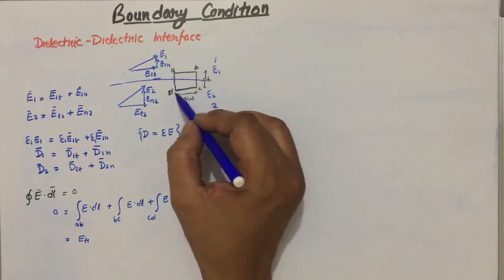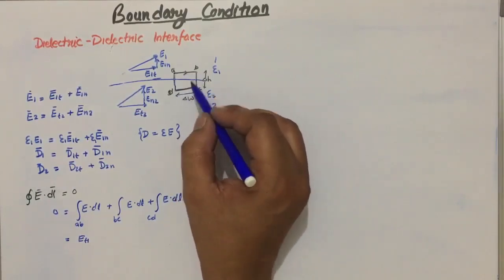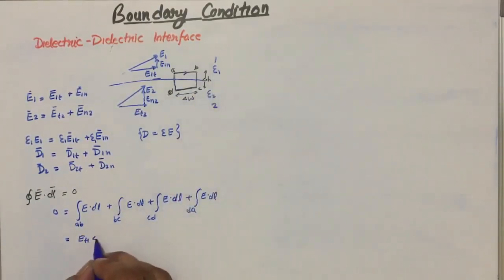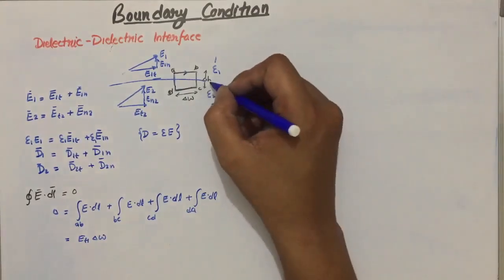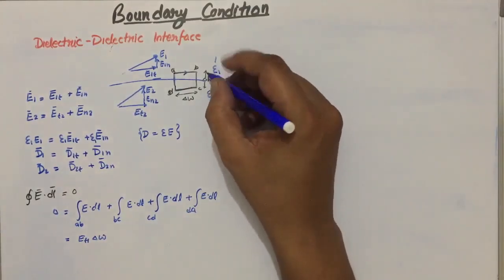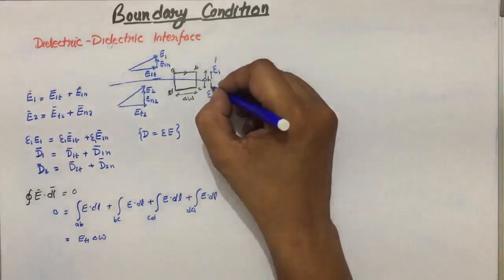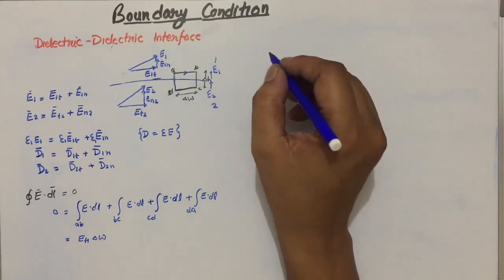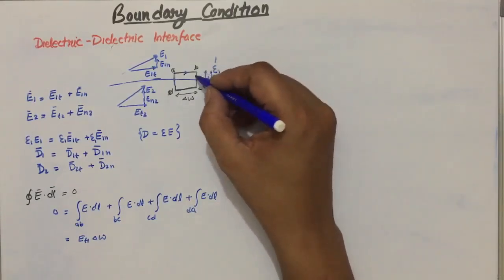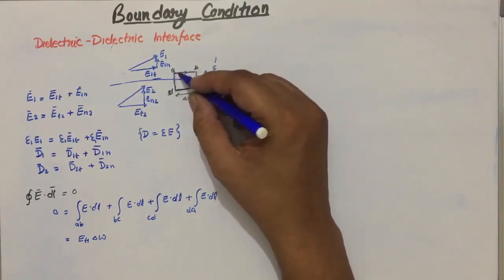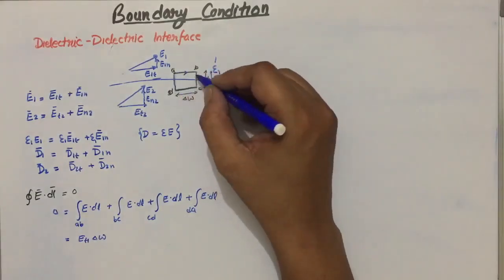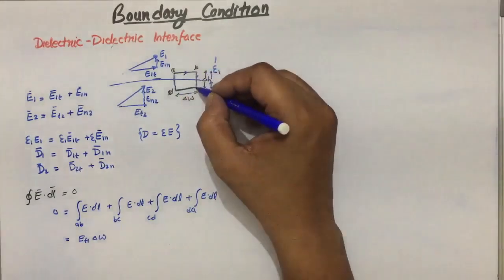That is how much? That is del W. Okay, now next is the direction of E. The direction of E is upward here. And according to your closed path, the direction of movement is in the opposite direction.